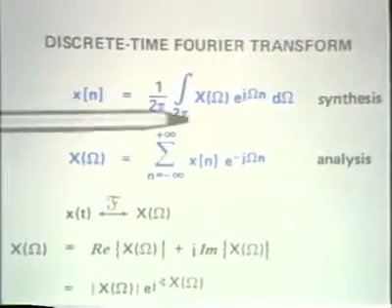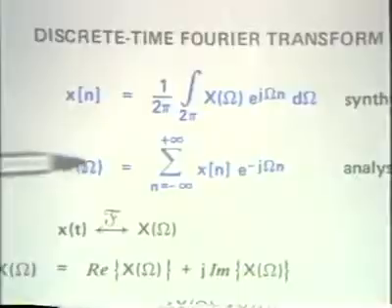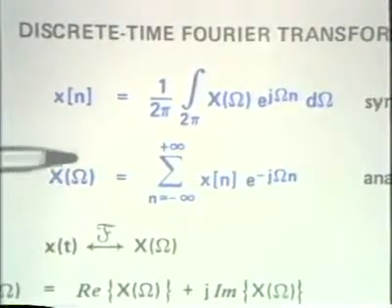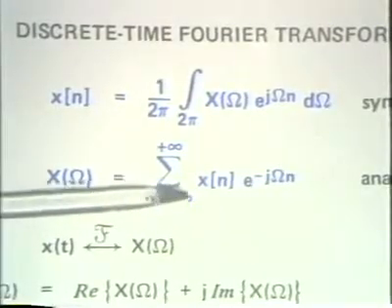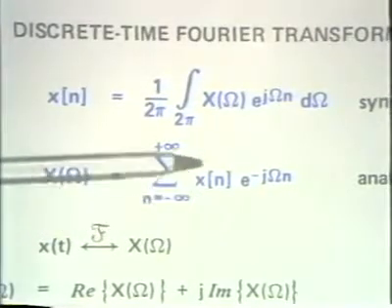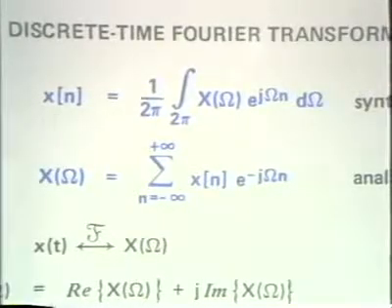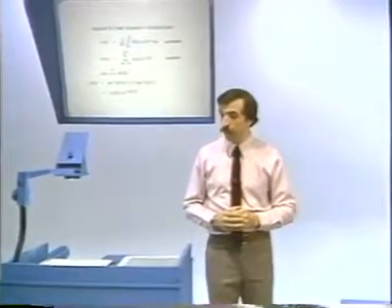And we have the corresponding analysis equation, which is shown below, where this tells us the Fourier transform, in effect, the envelope of the Fourier series coefficients of that periodic signal, and here represented in terms of the aperiodic signal. Okay, so we have the analysis equation and synthesis equation.